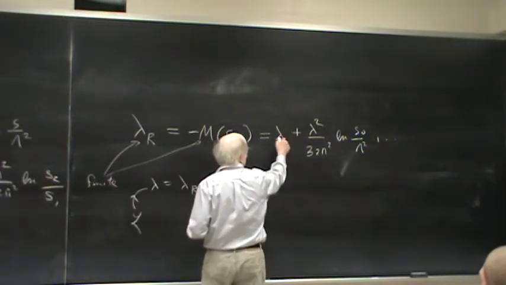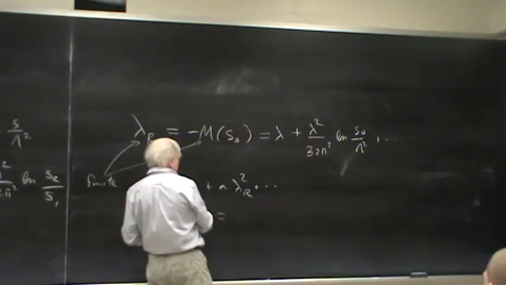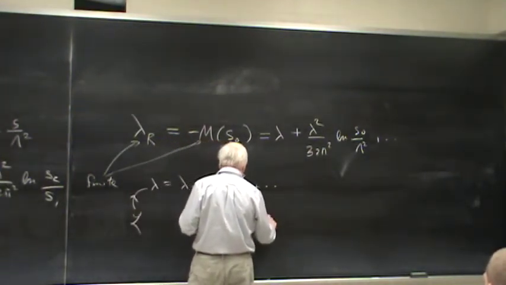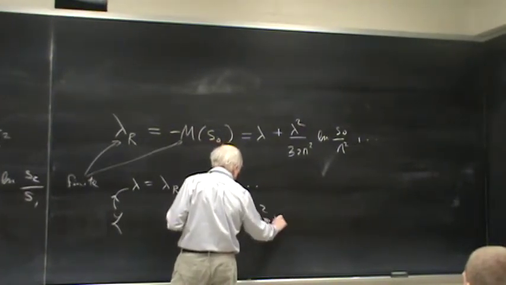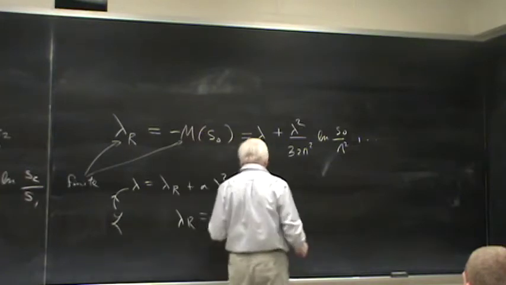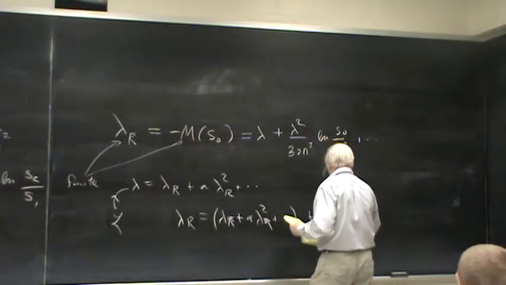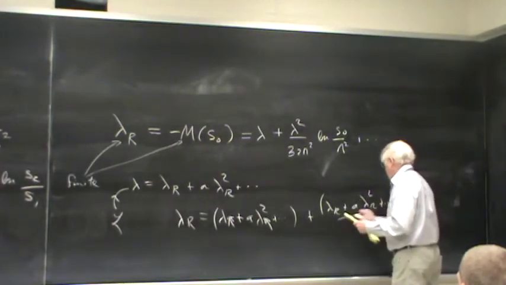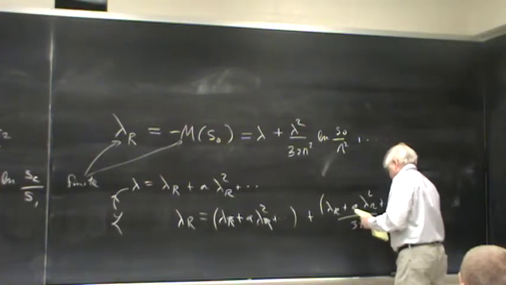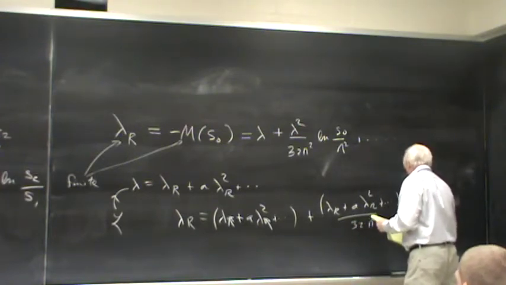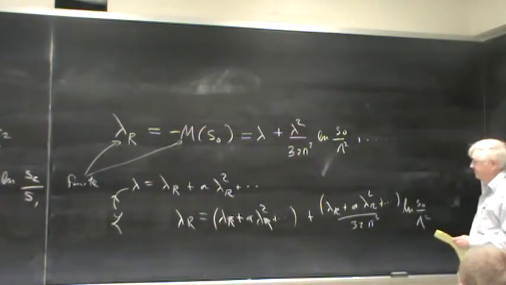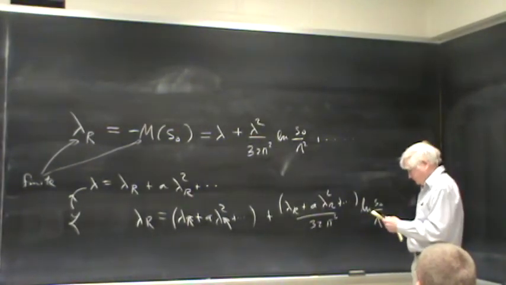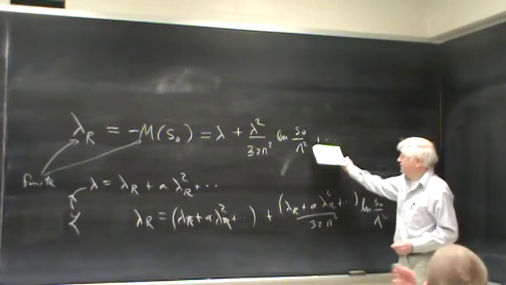Lambda r equals, and now we substitute for lambda the series: lambda r plus a lambda r squared plus dot dot dot. That's this term. Plus, lambda r plus a lambda r squared plus dot dot dot, squared over 32 pi squared, log S0 over lambda squared. Okay, so that's this formula on the right-hand side here.